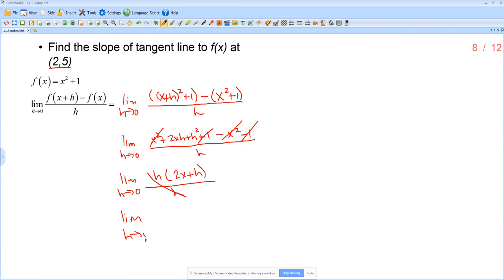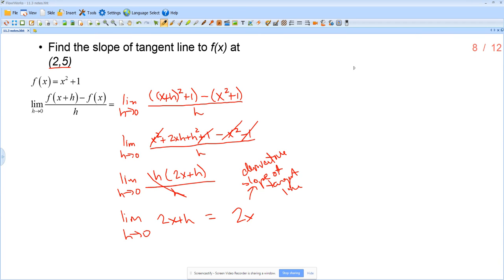And now, if I take the limit as h goes to 0 of 2x plus h, I get 2x. So this is the derivative, or the slope of the tangent line, slope. But what I want is the slope of the tangent line at 2, 5.